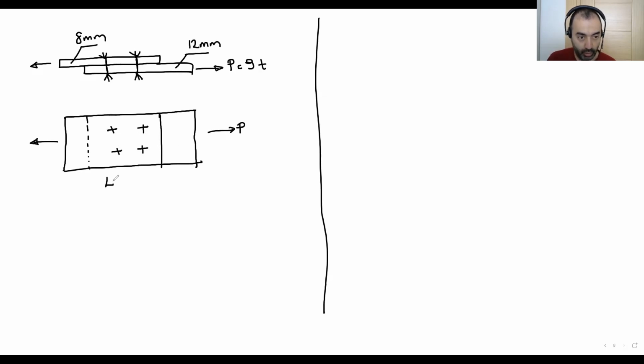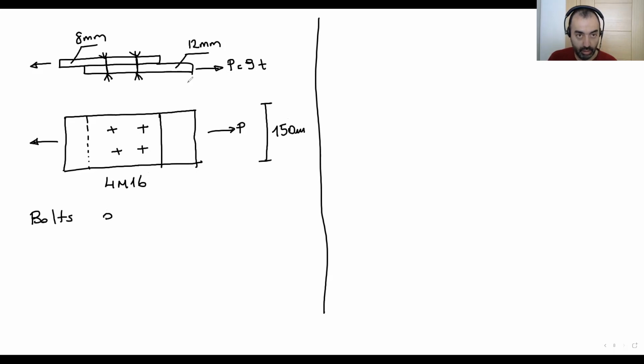There are 4 M16 bolts on this connection. Okay, so the width of the plate is 150 millimeter.